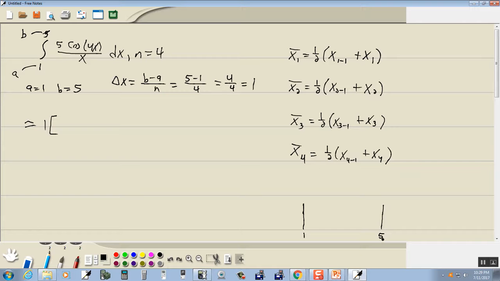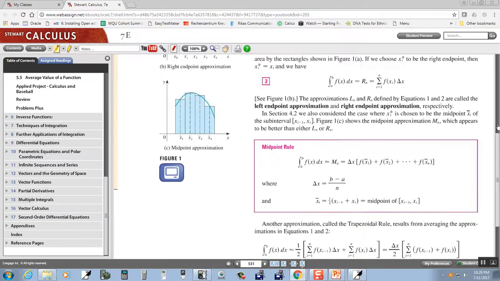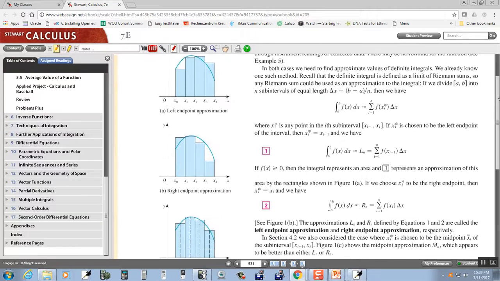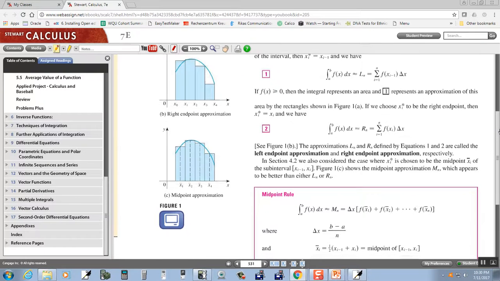And here we're going up to 5. You can see it up here. Here's x sub 0, x1, x2, x3, x4. So this would be x0 here, x1, and so forth.